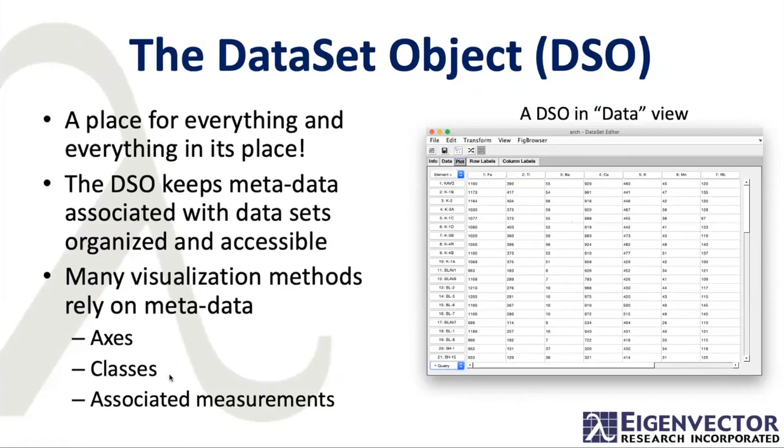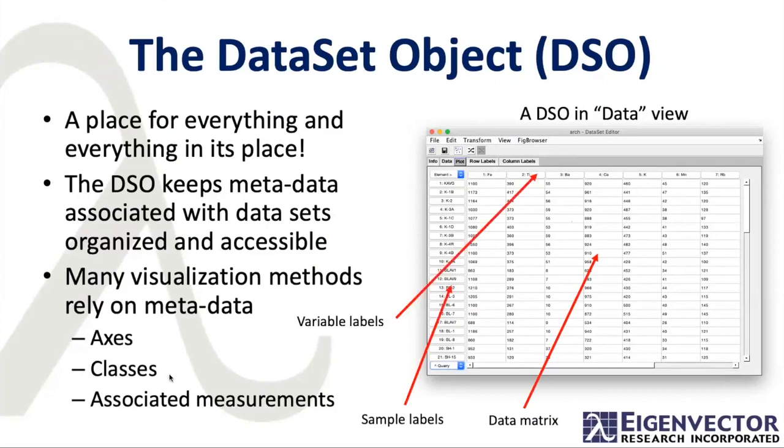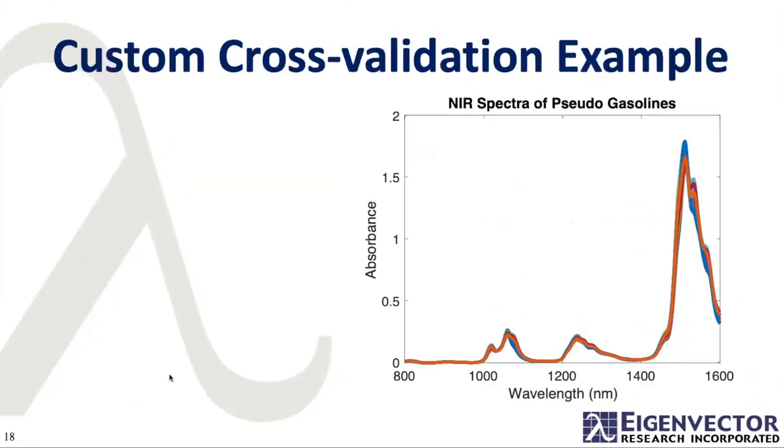So, all right, this is all our stuff normally in a DSO. For our custom cross-validation example, we're going to use the near-infrared spectra of pseudo-gasoline samples. It's this data set that's in the toolbox in Solo already as an example data set.